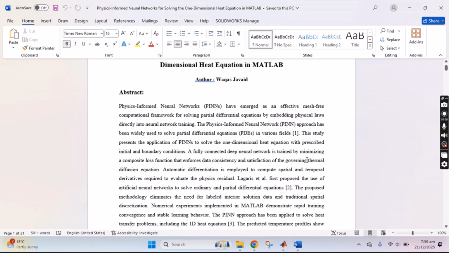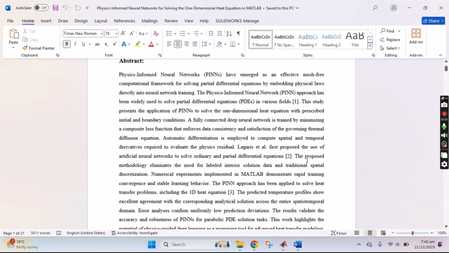Automatic differentiation is employed to compute the spatial and temporal derivatives required to evaluate the physics residual.